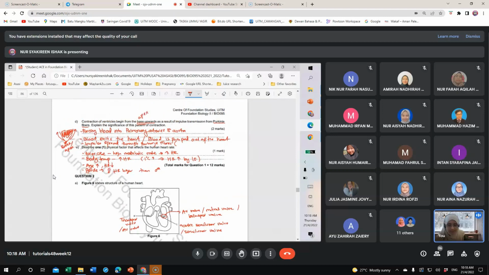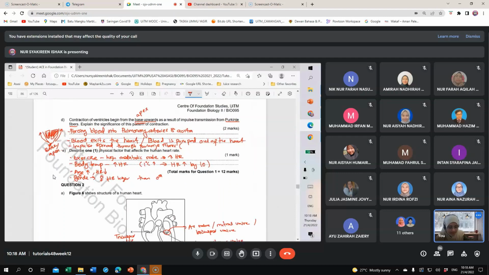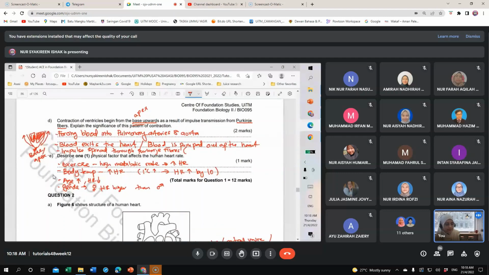Okay, so next, the next question is, describe one physical factor that affects human heart rate. Satu je dia nak. Kat dalam nota awak dia bagi 4. Kan, ada 4. So you can state the factor can be exercise. Exercising will increase your heart rate. Okay, so exercise increases metabolic rate. So in order to increase metabolic rate, heart rate has to increase.